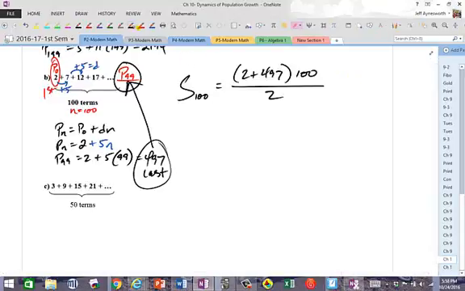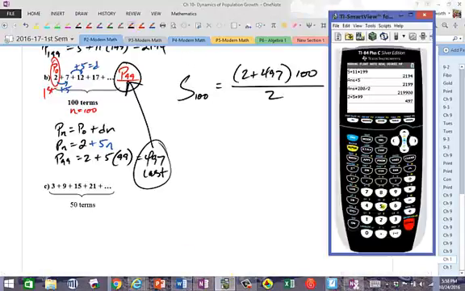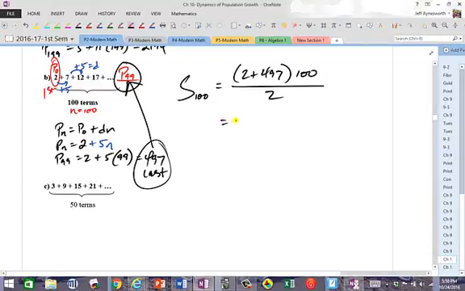Let's figure it out. I have 497, so we just add 2 more. I got to multiply it by 100 and divide it by 2. Or you can just simply multiply by 50 because 100 divided by 2 is 50. So you get 24,950. And that's the total sum of the first 100 terms.